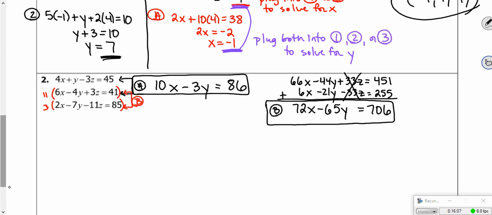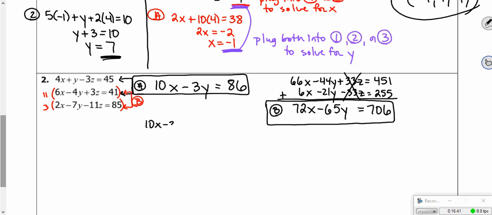Okay, so now I am going to combine A and B together somehow, in order to eliminate either the x or the y there. We've got a 10x and a 72x. Let me stack them on top of each other to start off with.